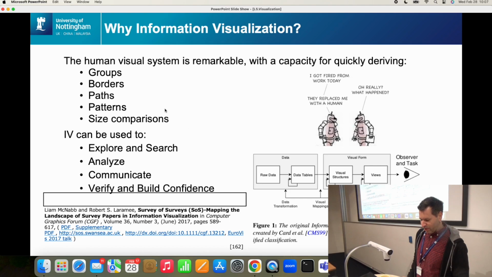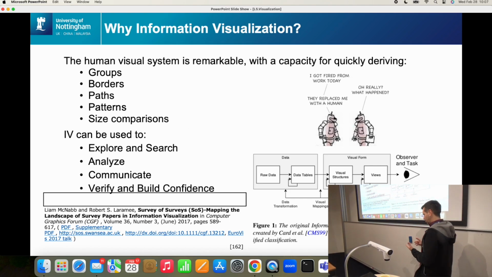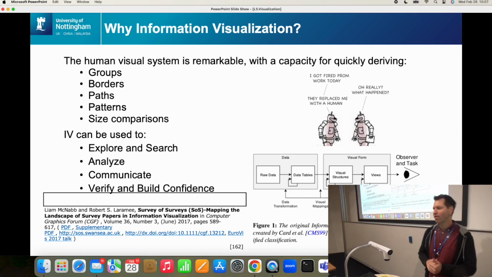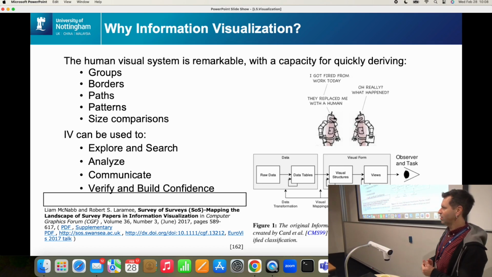So why do we use visualization? Visualization exploits our visual perceptual system. If you study the brain, most of our brain cells are dedicated to vision. Something like 30% of our perceptual brain is dedicated to vision.